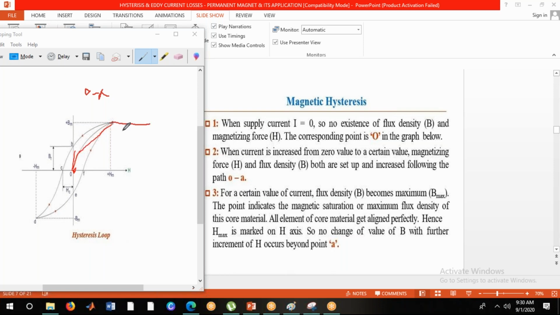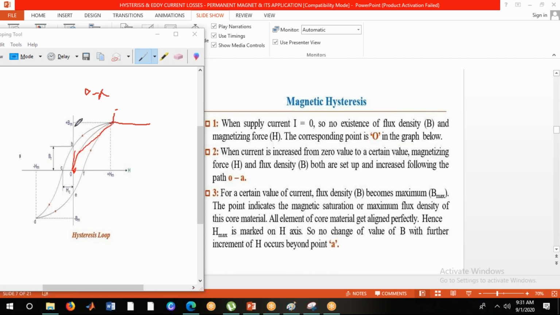So ఈ saturation point దగ్గర ఏమవుతుందంటే flux density సేమ్ కాన్స్టెంట్ ఉంటుంది, ఇంటెన్సిటీ చేంజ్ అవుతుంది ఓకేనా. Now for a certain value of current the flux density B becomes maximum. The point indicates magnetic saturation, and this point is called the maximum flux density, where magnetic saturation occurs. This is called Bm.